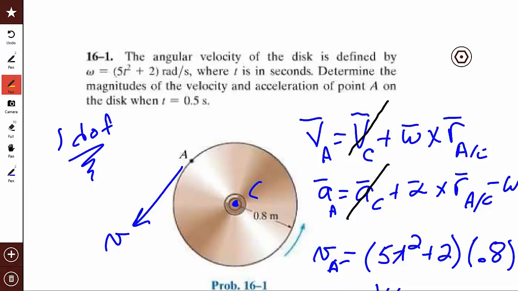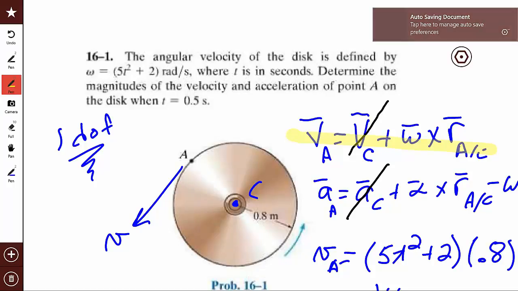Okay. So I'm going to use that guy. I now know I've got A and I've got C. What does this equation right here do for you? Where does it come from? Right here. Velocity of point A equals C plus omega, the omega of the body they're on, the disk, cross r.